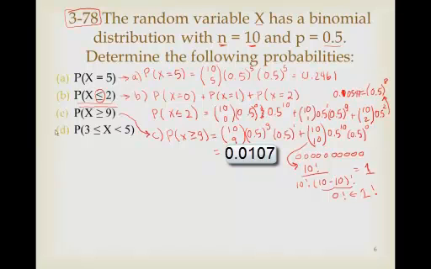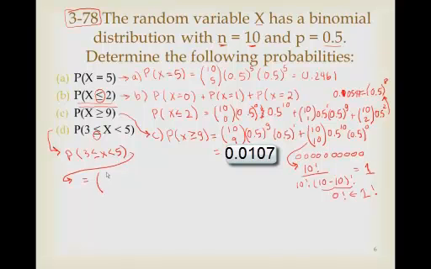Now let's do D, the last one. It is the probability that 3 is less than x is less than 5. Well, look, we've got that less than or equal to right here. So that says we're going to include this one, and we're not going to include this one.